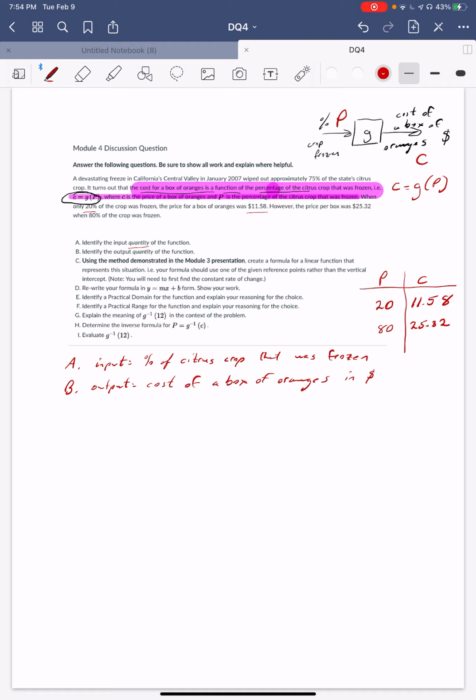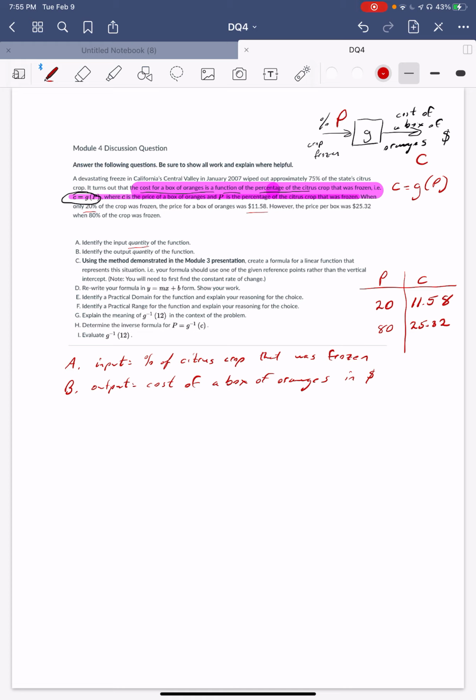All right. Then we move on to C. C says, using the method demonstrated in the Module 3 presentation, create a formula for a linear function that represents this situation. In other words, your formula should use one of these given reference points rather than the vertical intercept. So I'm not looking for the y = mx + b form here.